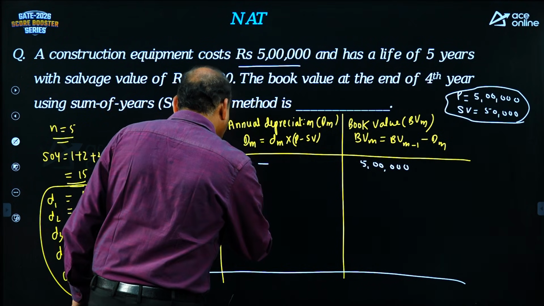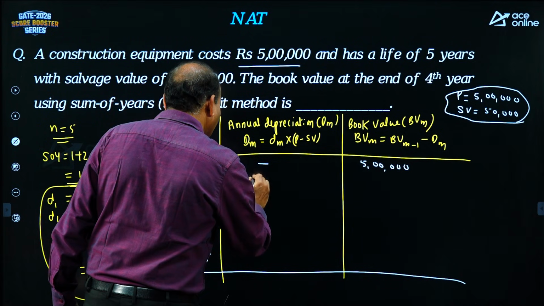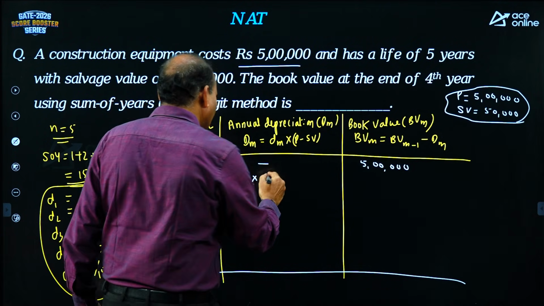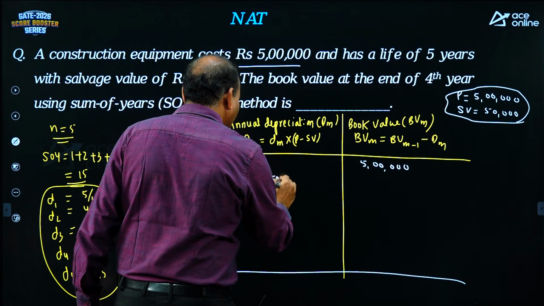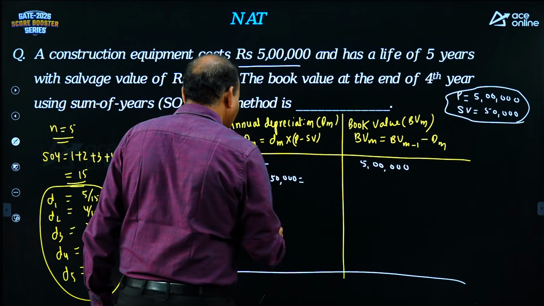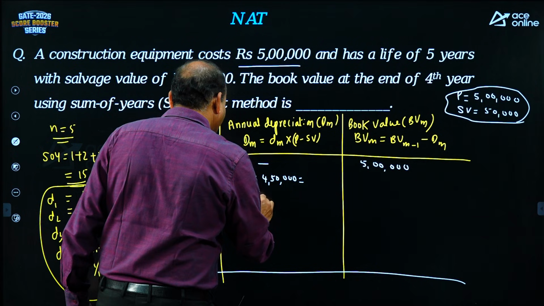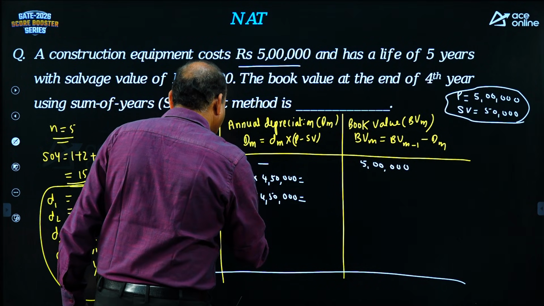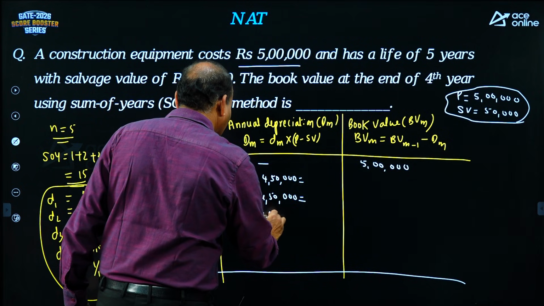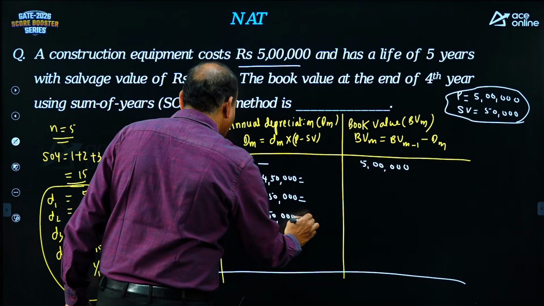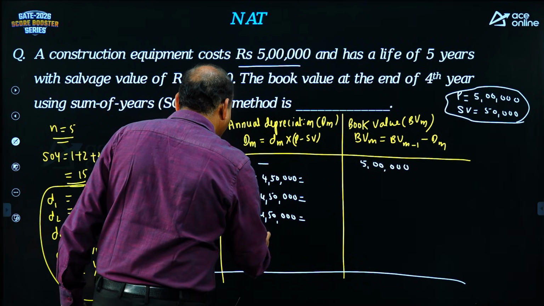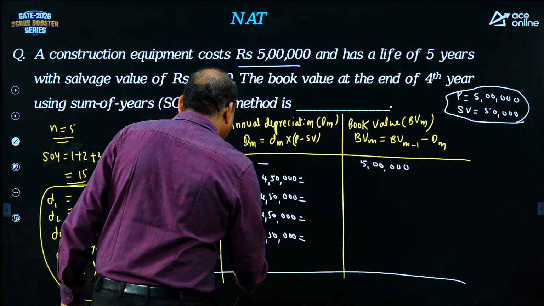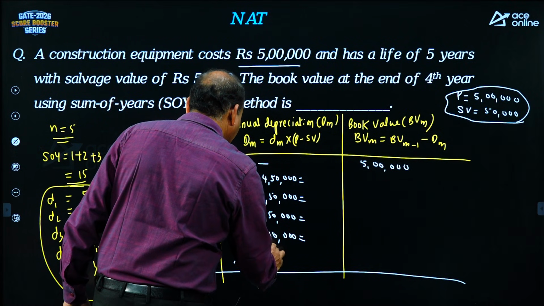And what about this factor now? 5 by 15 into P minus SV, 4,50,000. 4 by 15 into 4,50,000. 3 by 15 into 4,50,000. 2 by 15 into 4,50,000. 1 by 15 into 4,50,000.